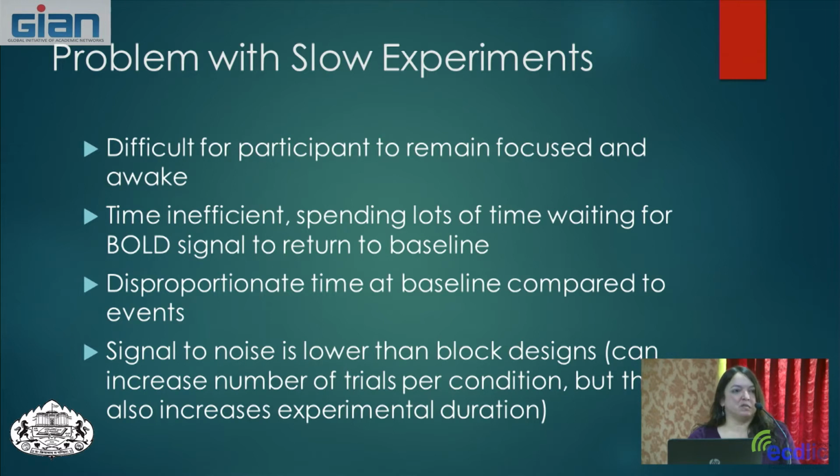If the person is only looking at a face once every 20 or 25 seconds, and they're all bundled up in a blanket in this little cozy, snug environment, they're going to start getting bored. They might have trouble staying awake. They might start thinking about other things. What am I going to have for lunch as soon as I get out of here? How much money am I actually making from the scan? Is it worth being in this scanner and being so bored?